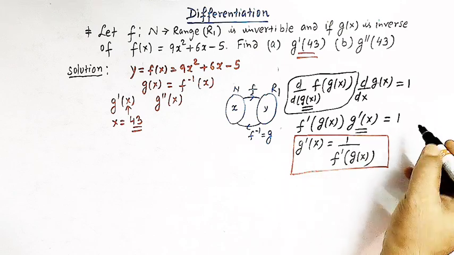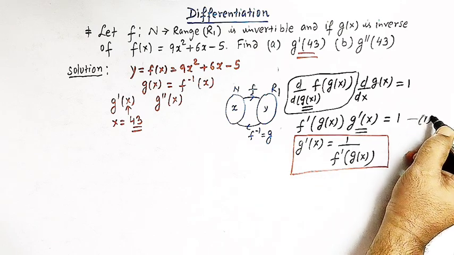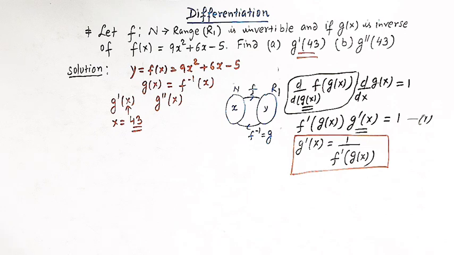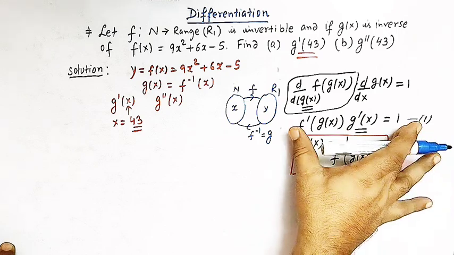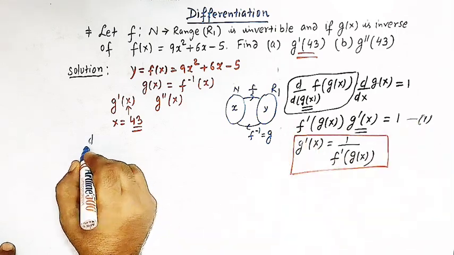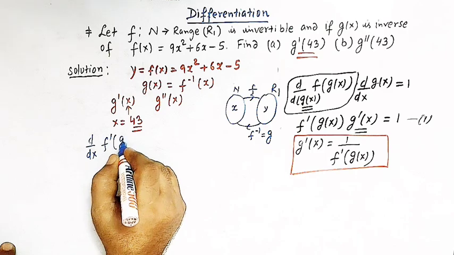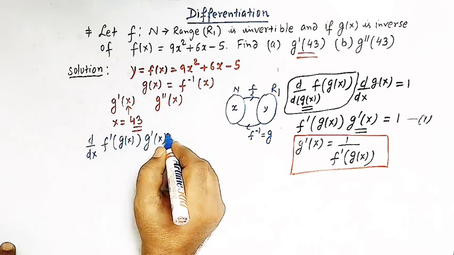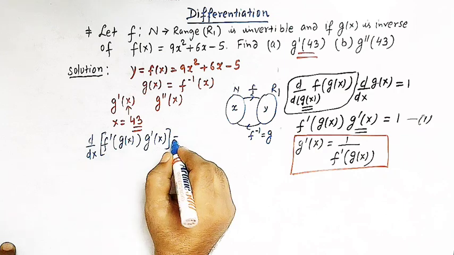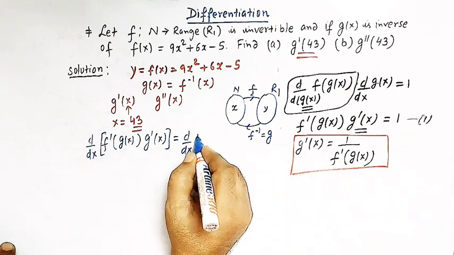x, what we will do, we'll differentiate this equation both sides with respect to x. So differentiating 1 with respect to x both sides, we have d by dx of f prime of g of x, and here we have g prime of x, and the derivative of 1 is 0, being a constant.